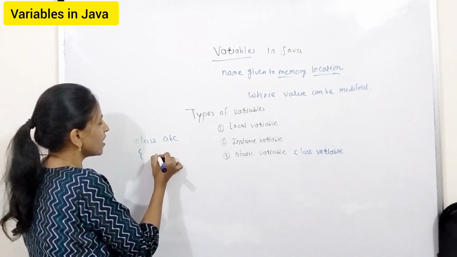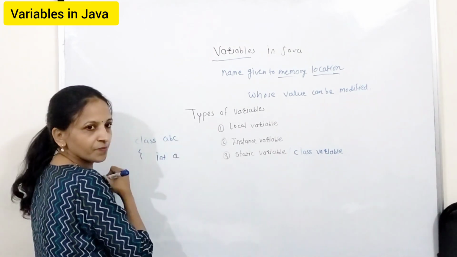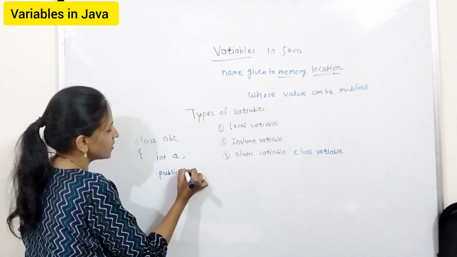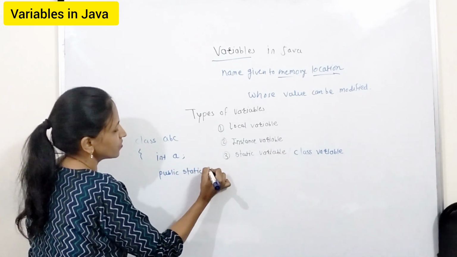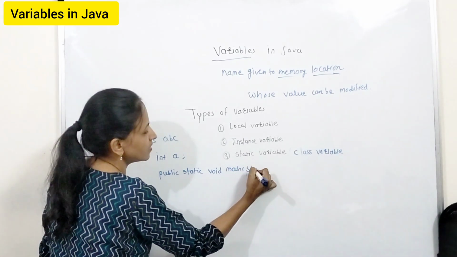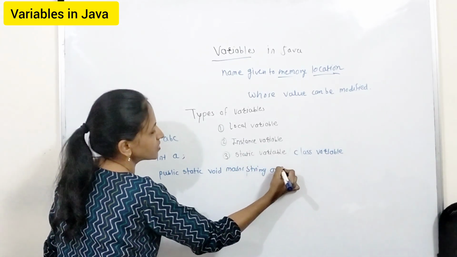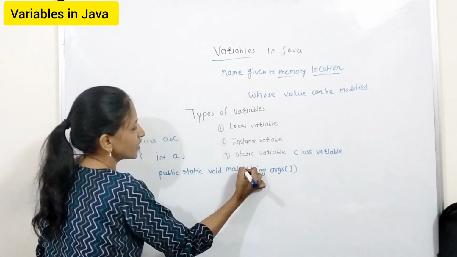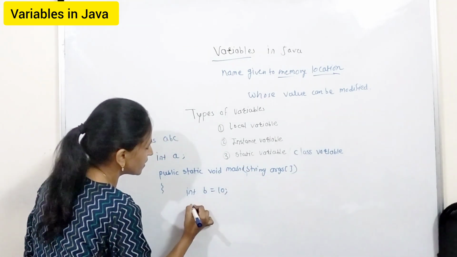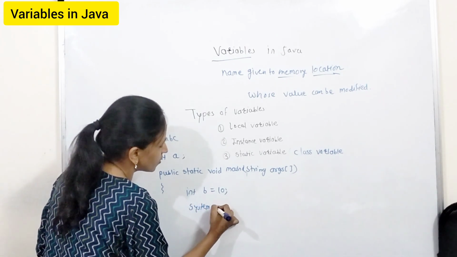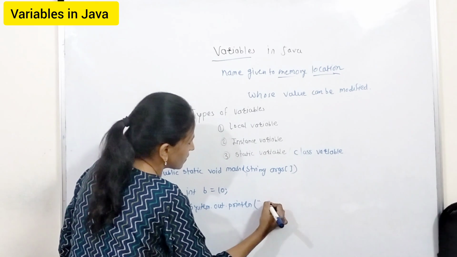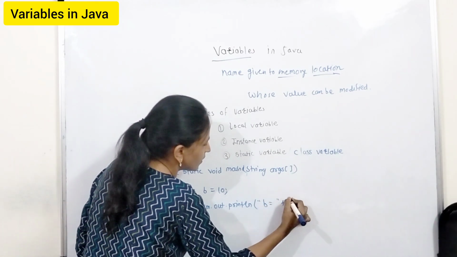Here I am declaring one variable, let's say a. Now I have written public static void main String args. Now I am declaring one more variable here, b equals to 10. I am displaying it with System.out.println, b equals plus b.